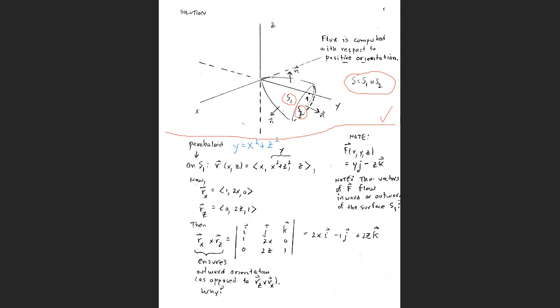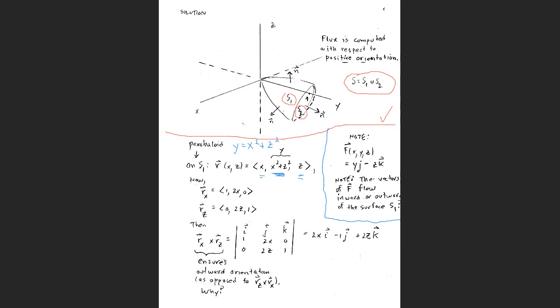So it makes sense that y would equal x squared plus z squared, and then my free parameters would be x and z. And then I have a little side question here that I'm going to answer in a moment. But let's try to get the cross product of the derivative vectors.